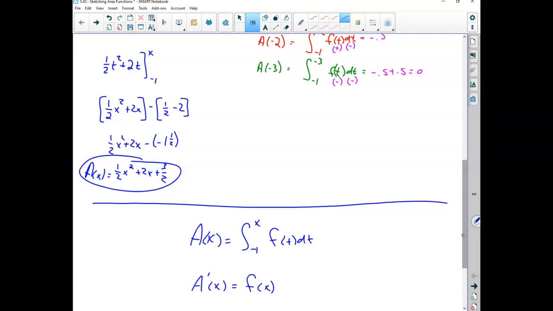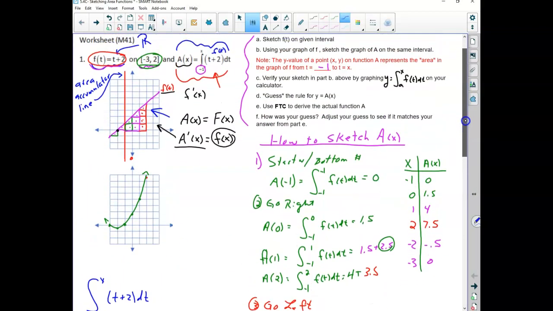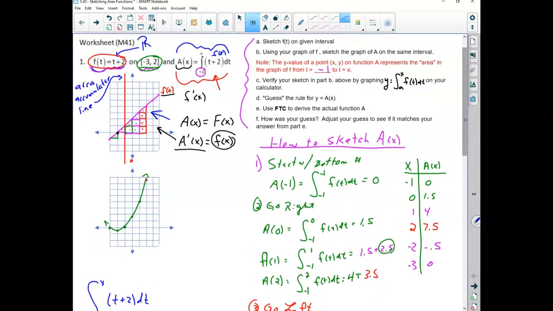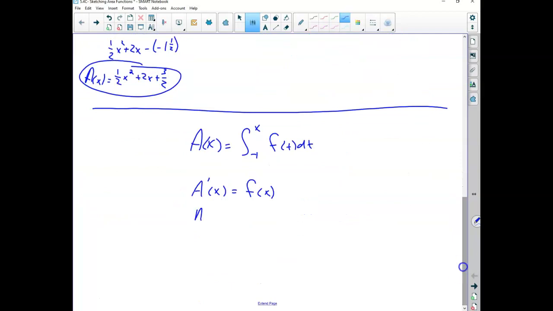And what does that mean? Okay, here's my A prime up here. Notice A prime is increasing because it's going up and to the right, correct? Well, what does that mean? Well, that means if A prime, or little f of x, is positive, what did that mean for A of x, the antiderivative, my area function?